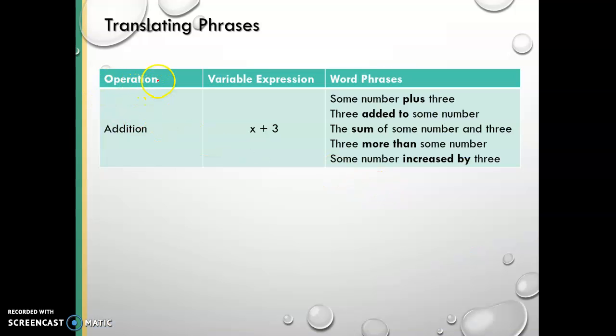So for the operation addition, the given variable expression is like this. The possible word phrases are sum, number, plus 3. When you deal with a mathematical statement that is written in a sentence or a phrase, you should represent something with a variable, which is commonly x.